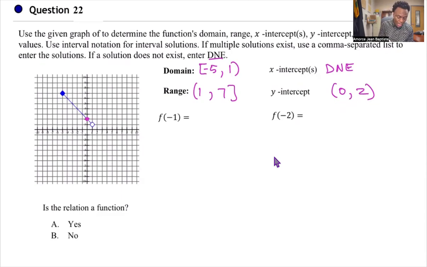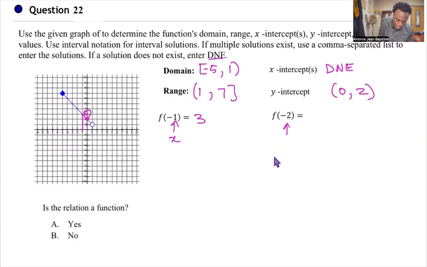And then we want to find f of 1, f of -1. F of -1 is when x equals -1, what is y? X equals -1 here. Let me go up, touch the graph. Y equals 1, 2, 3.